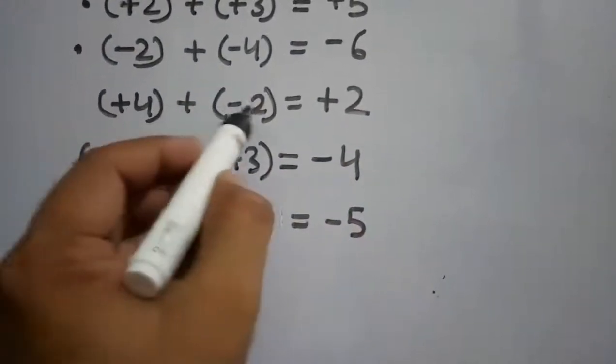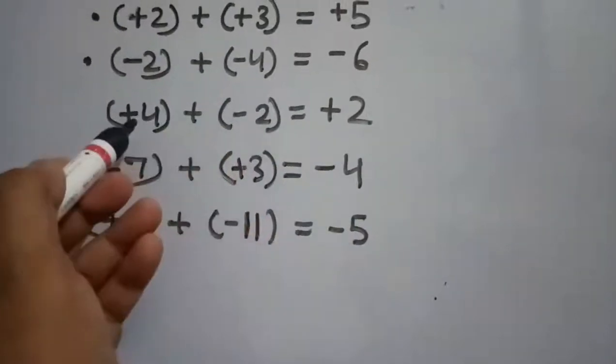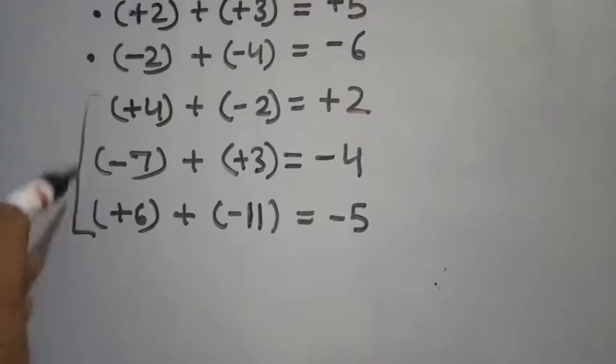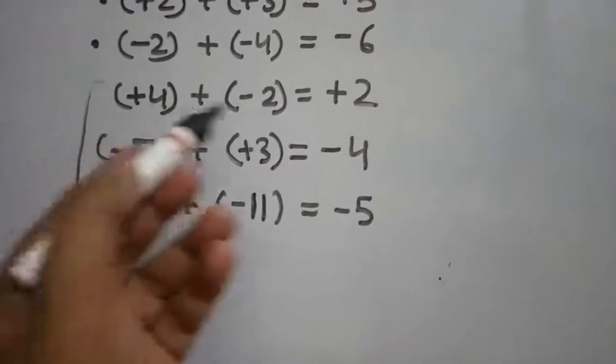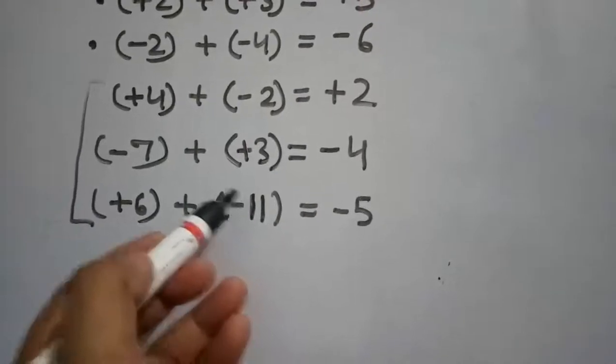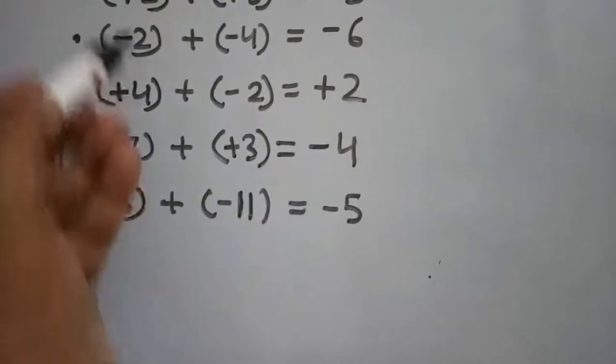Here is plus 4 and minus 2: the sign of the greater number, that is 4, and 2 is subtracted from 4. All these are examples of one positive and one negative integer. You can check the sign of the greater number, and there will be subtraction in place of addition.